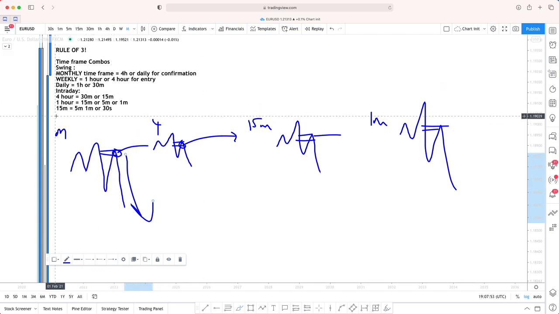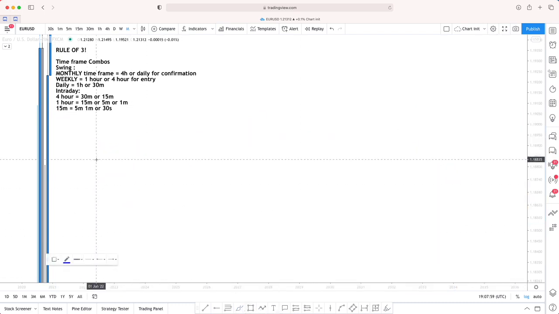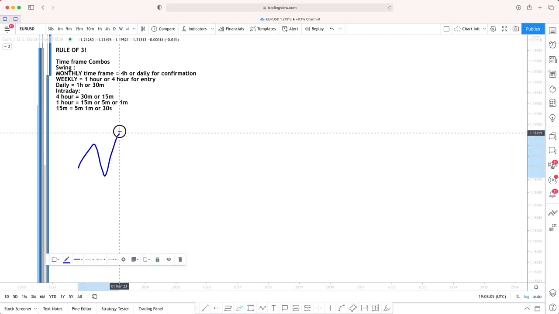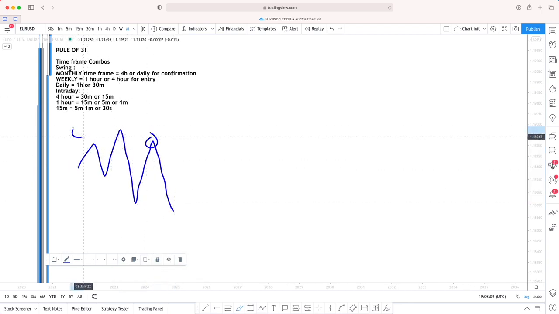Another way that you can actually boost it is, say for example, you're in this situation where let's use a 4 hour. So say this is the 4 hour situation.